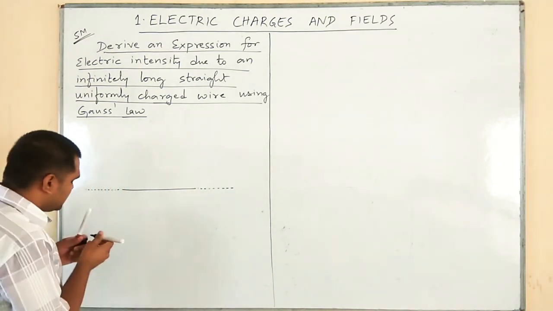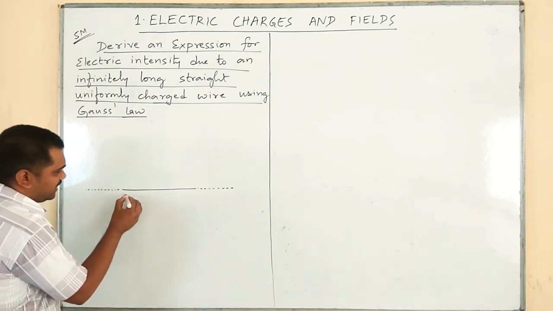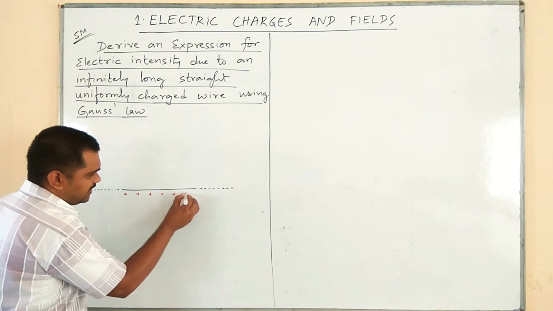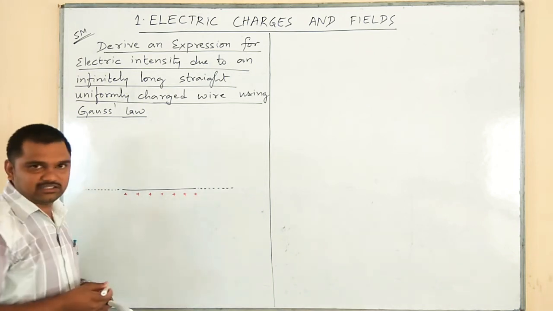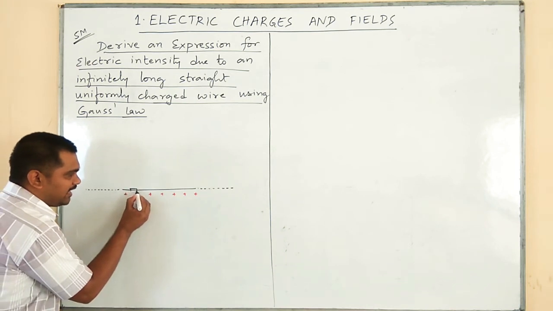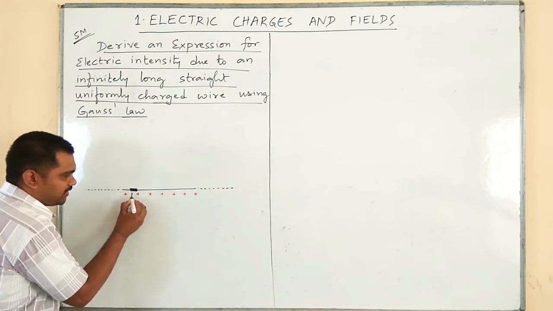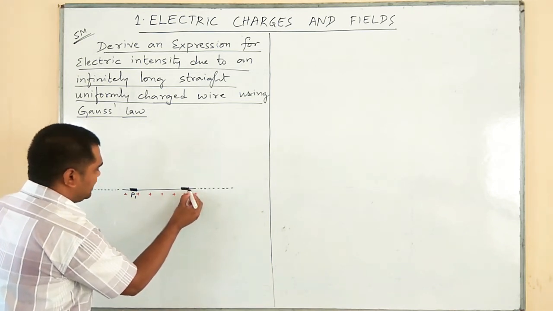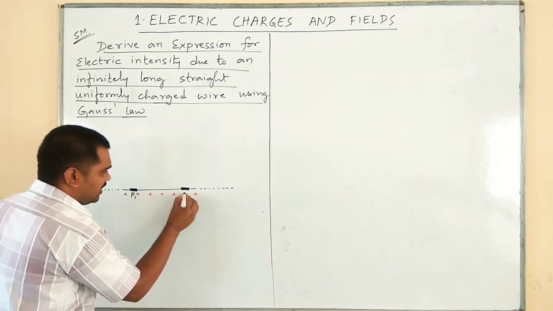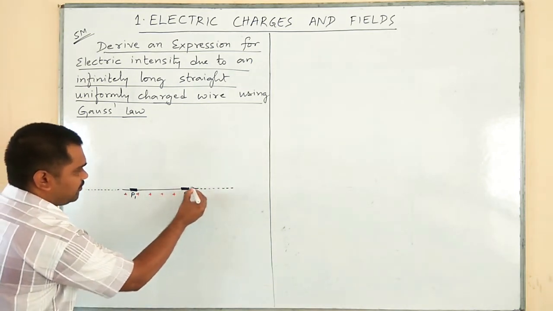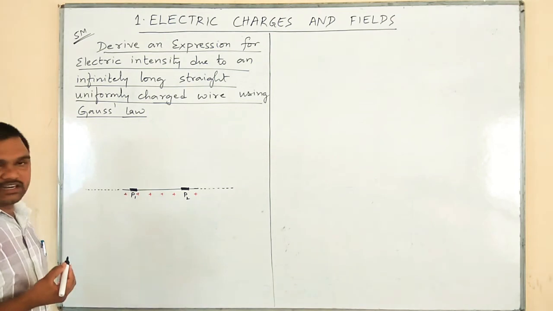Now, say for example, this wire is having positive charges on its surface, that is, the wire is positively charged. Fine. Let us concentrate on two line elements, for example, P1 and P2. Line elements means the small portions of the wire which are responsible for finding the electric intensity at a point.